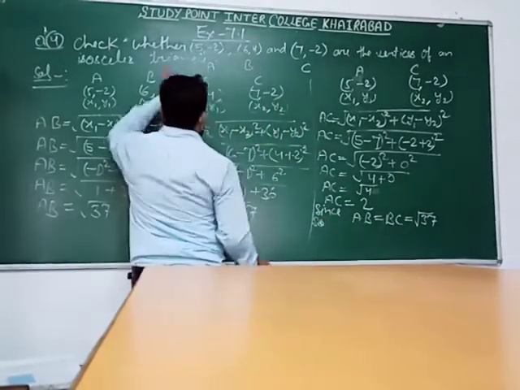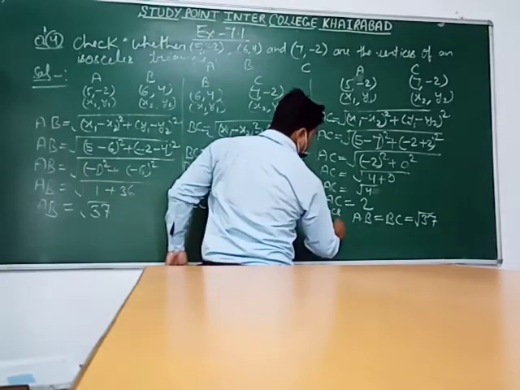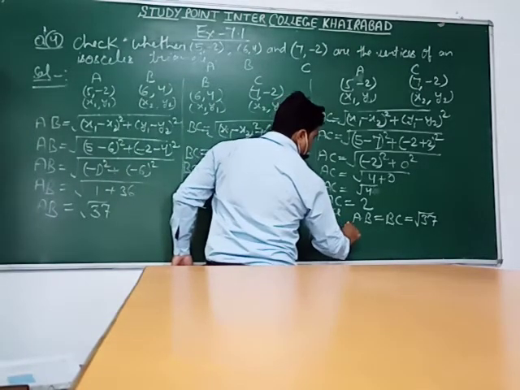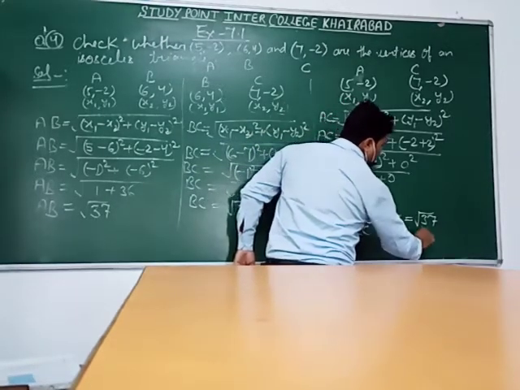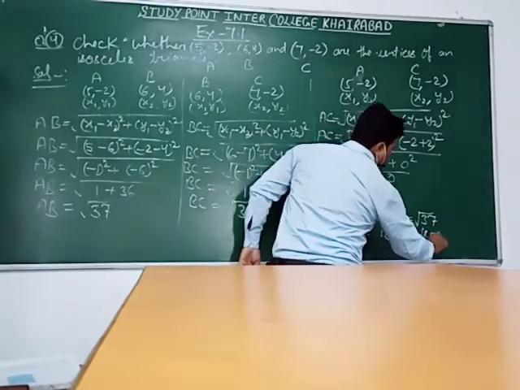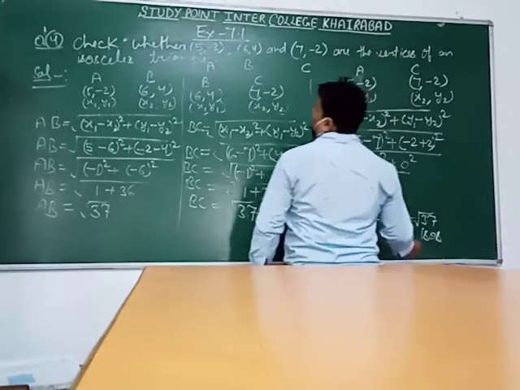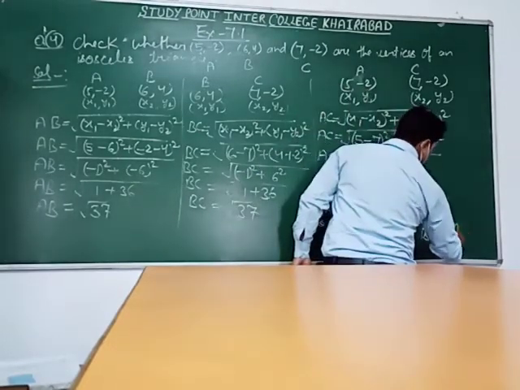So triangle ABC is an isosceles triangle.